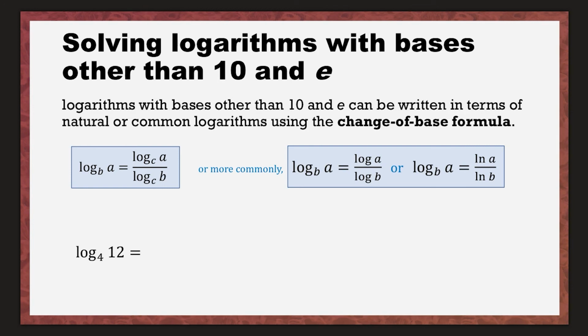So we have log base 4 of 12. I can rewrite that as log of 12 over log of 4 just by changing the base to 10. I rewrote it using this formula right there. Okay, so log of 12 over log of 4. Here's where you need to use a calculator. Most scientific calculators have a logarithm button.